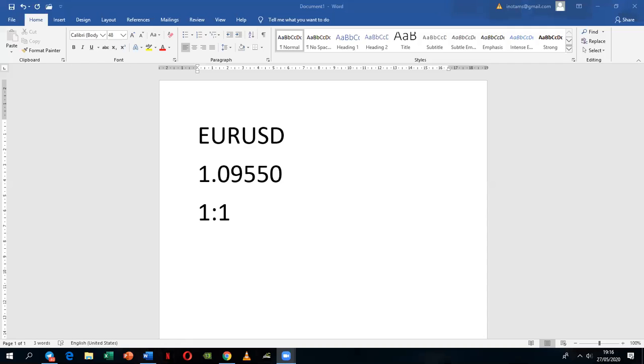Just a moment. Can you see my screen now? Yeah, you can see the screen now.